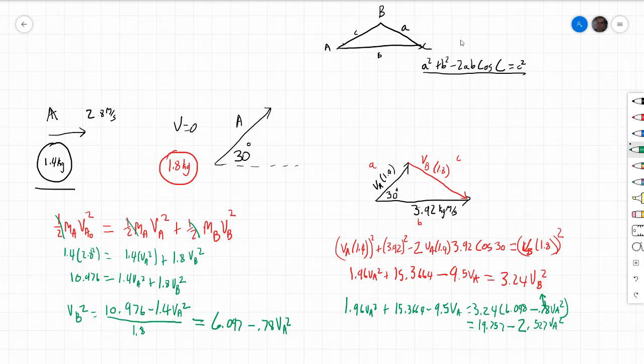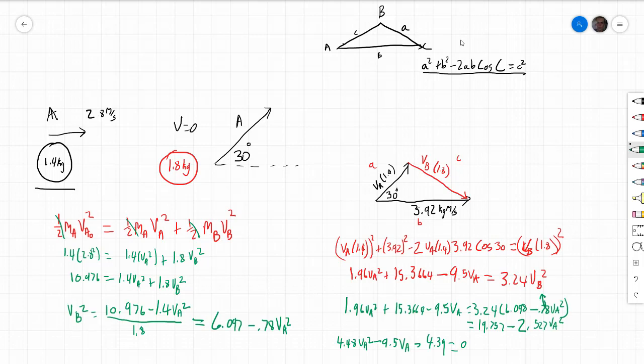Now I'm going to go ahead and add that over, so plus 1.96 to get my VA squared together, and I have 4.48 VA squared, and then I have minus 9.5 VA, and then I have plus 15.3664, and I'm going to have to subtract this 19.757, so 15.3664 minus 19.757 is minus 4.39. Minus 4.39 equals 0.